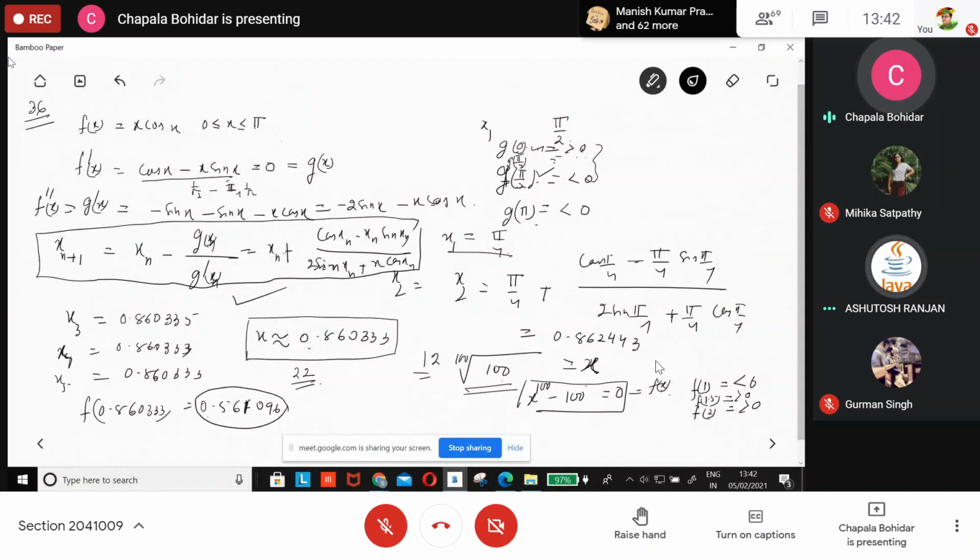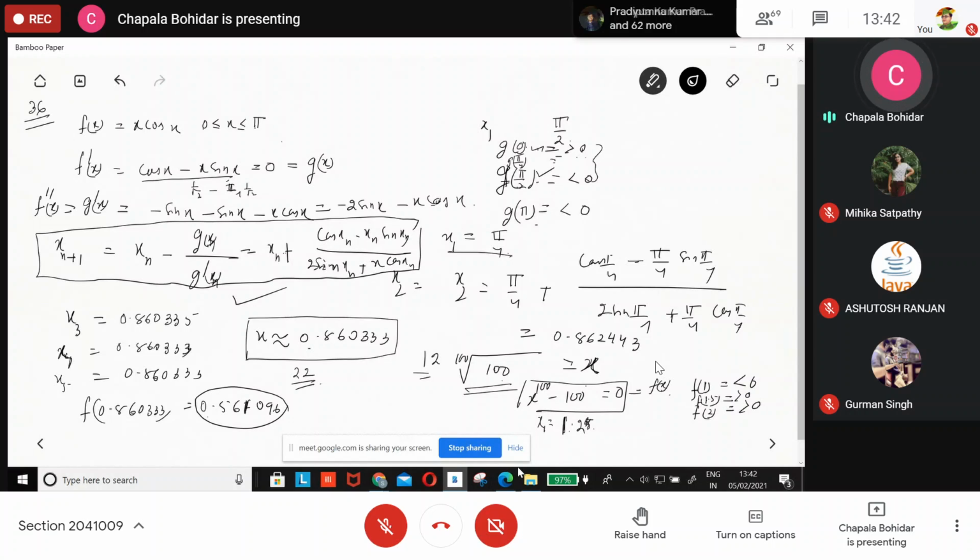So you can choose the value as x1 equal to 1.2 and start iteration. You can take 1.25 or 1.2. I am taking 1.2. Start iteration and find out your value.